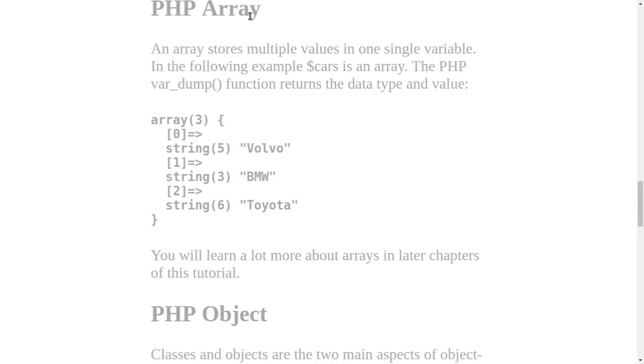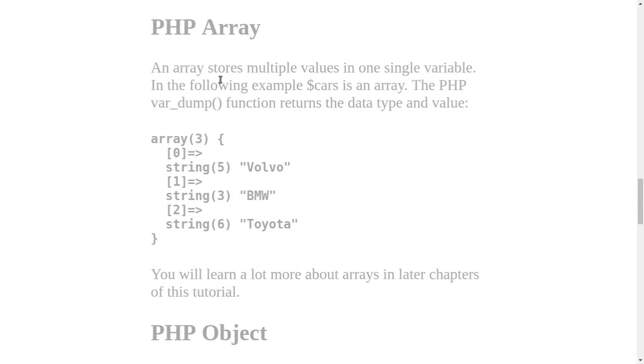PHP array. An array stores multiple values in one single variable. In the following example, $cars is an array.